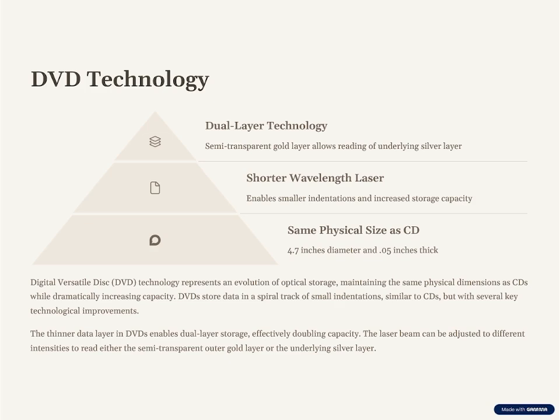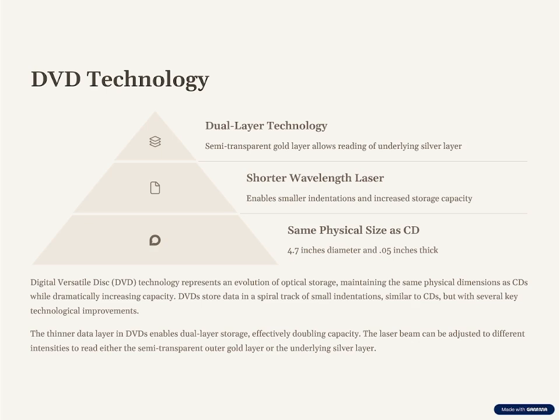Now, this digital versatile media technology represents an evolution of the optical. Actually, it's just an improvement of the compact disc. They maintain the same physical dimensions as the compact disc, while dramatically increasing the capacity. The capacity of the compact disc is very small compared to the DVD, the digital versatile disc.